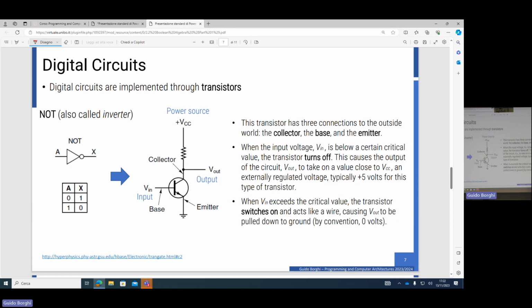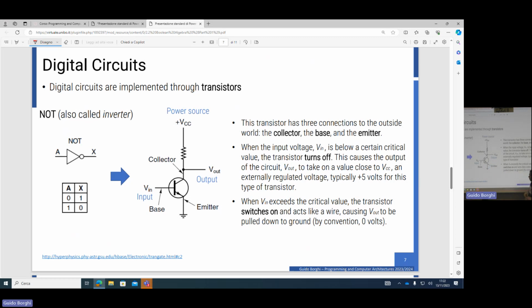Okay, NOT is also called an inverter, since there is an inversion of a bit, it's not important. As you can see here on the left, you can see the symbol and the logical behavior, okay? On the right, you can see the transistors that we can use to implement this symbol, okay? This is the real implementation of the NOT gate on modern computers, okay?